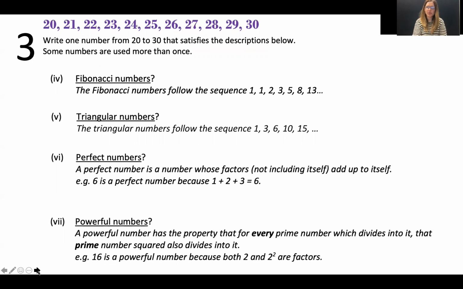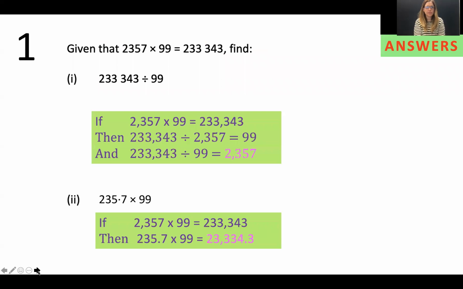Now let's take a look at the answers. Firstly, question 1. Okay, so we are given this fact here. So if we want to know what 233,343 divided by 99 is, we need to work backwards and we're going to get this answer here of 2,357. This time, this number is 10 times smaller.